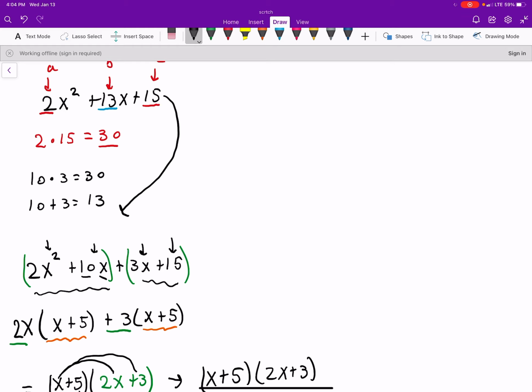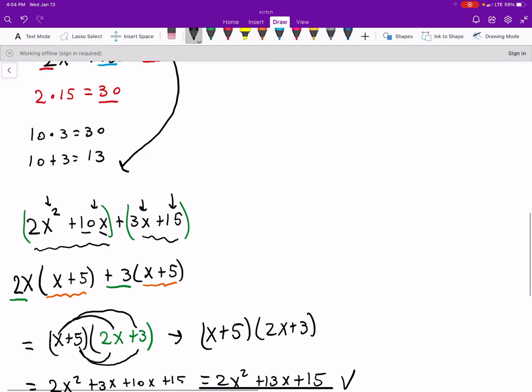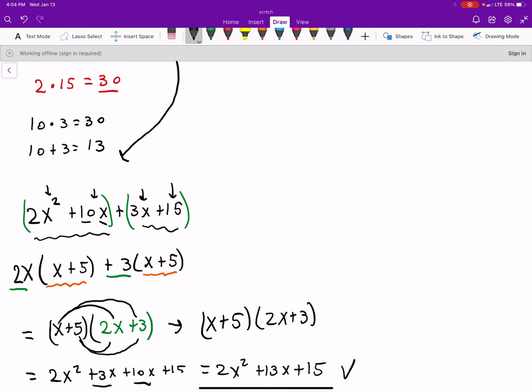On the group on the right, the only thing they have in common is a 3. 3 goes into 3x once, and 3 goes into 15 5 times. So we're left with 2x times x plus 5 plus 3 times x plus 5. And then whatever repeats is part of our solution, so x plus 5.